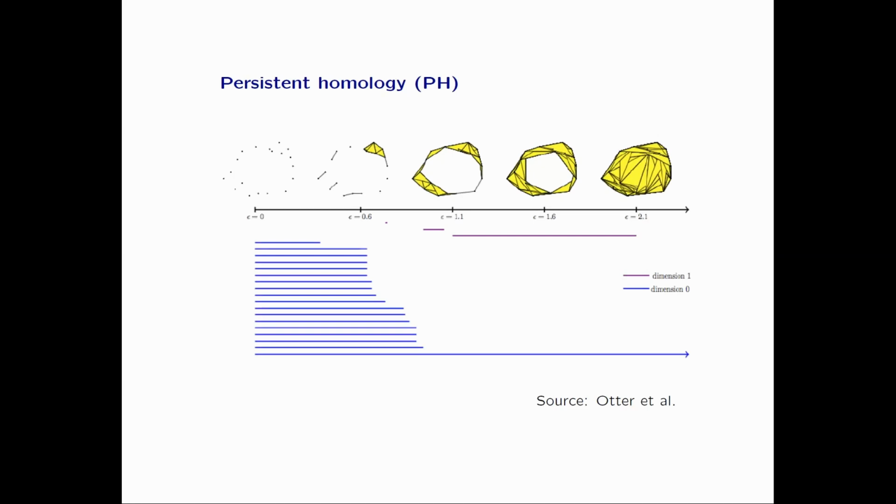H1, there might be some funny things going on, nearly arrows, and so there's a little short bar at around 0.6, and another short bar, and then of course one long one, which represents a big hole of the circle-shaped complex that we have.